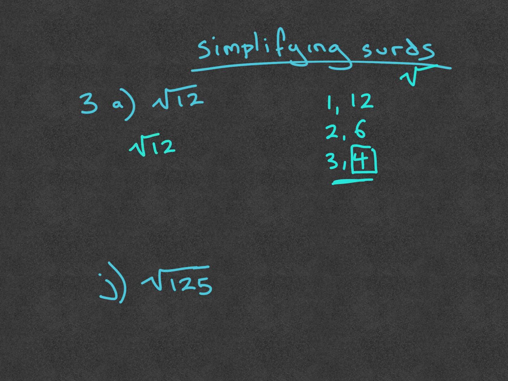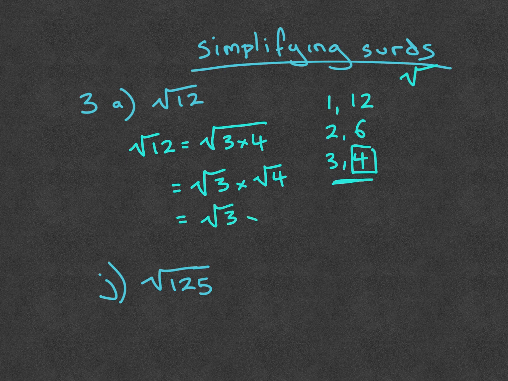So the square root of 12 is equal to the square root of 3 times 4. This equals the square root of 3 times the square root of 4, which equals the square root of 3 times 2, which equals 2 root 3.